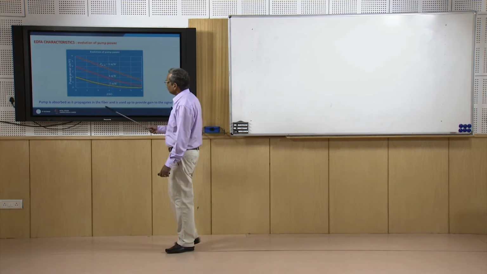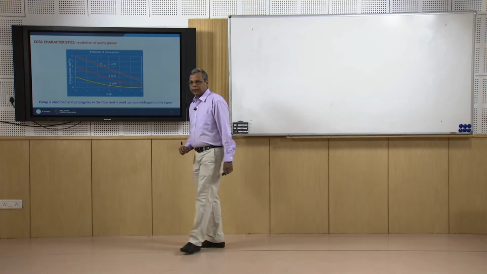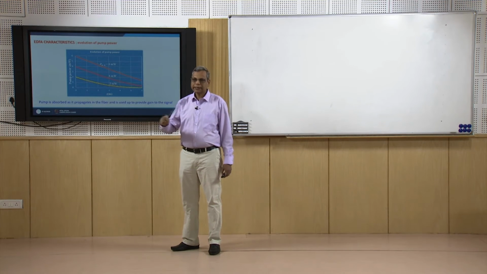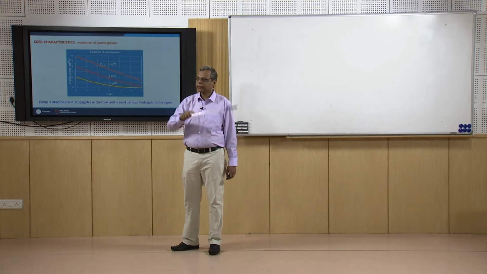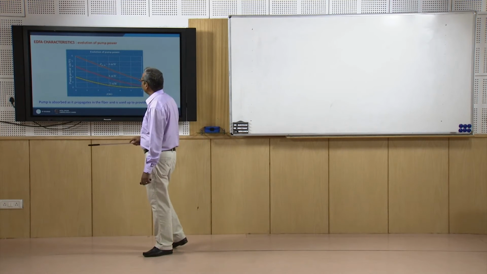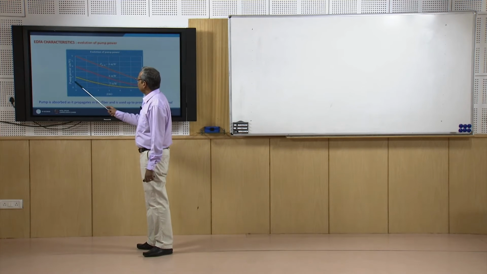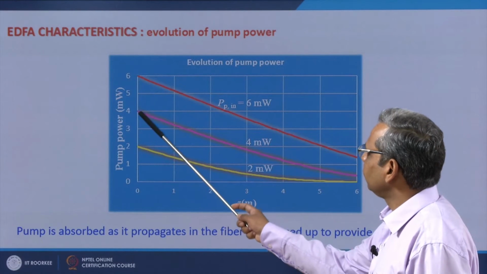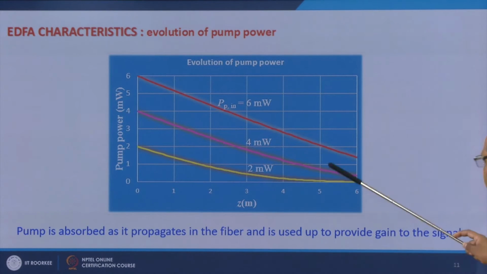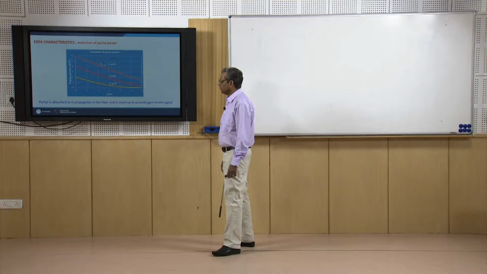So, as you go along the fiber, the pump intensity will decrease and the signal intensity will increase. These are the curves at different pump powers. So, this is at input pump power 2 milliwatt, input pump power 4 milliwatt and input pump power 6 milliwatt, and that is how their intensity would vary with Z.